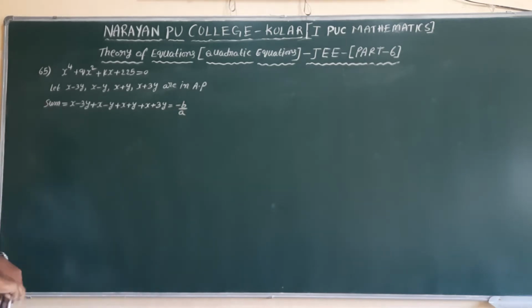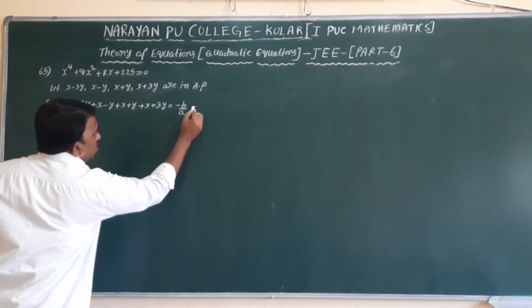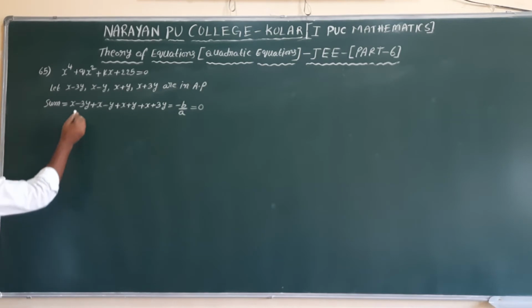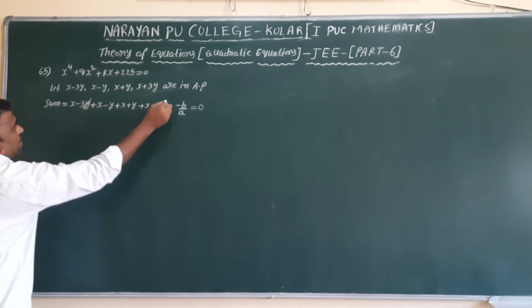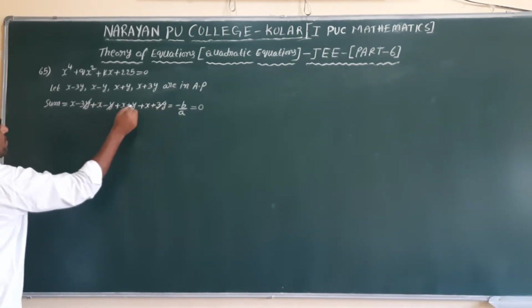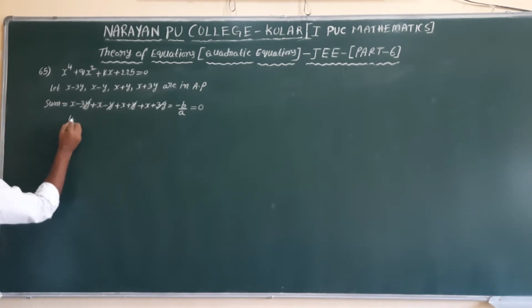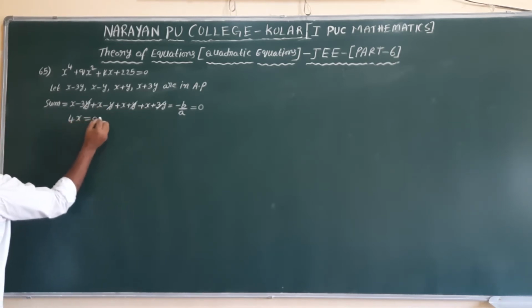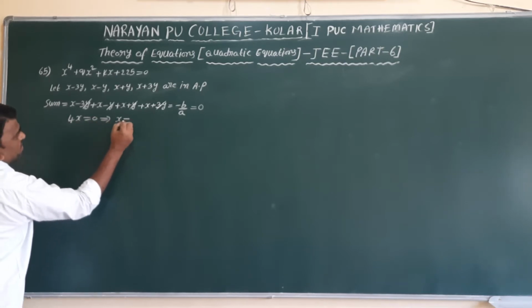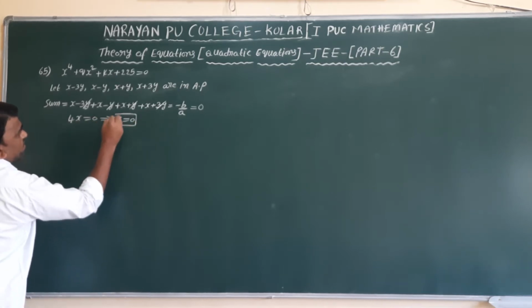Here b is the x cube coefficient, but x cube is not there, so that term is 0. Minus 3y plus 3y cancelled, minus y plus y cancelled, and x plus x plus x plus x is 4x, equal to 0, which implies x value is 0.